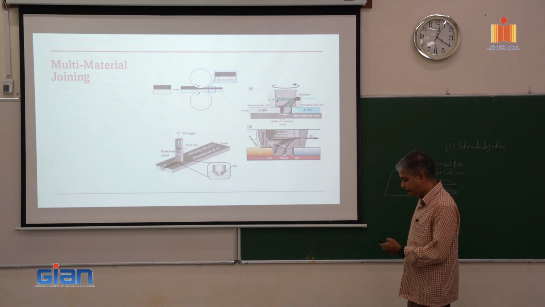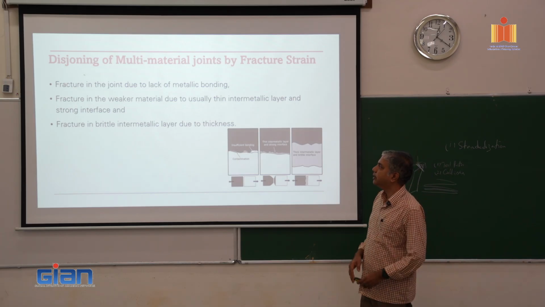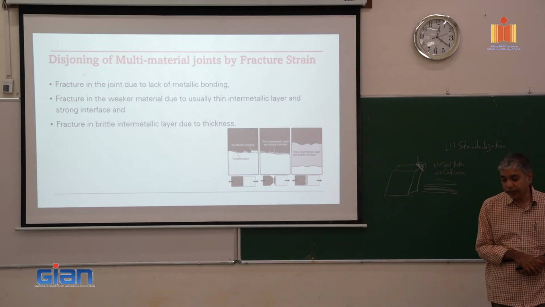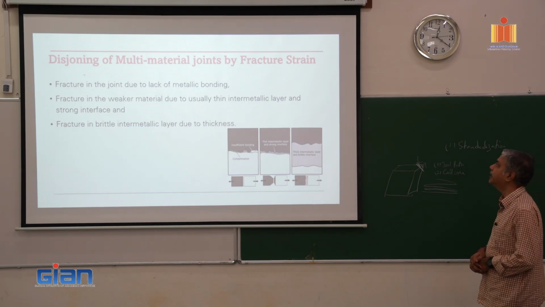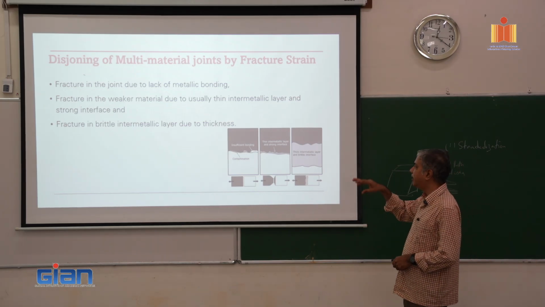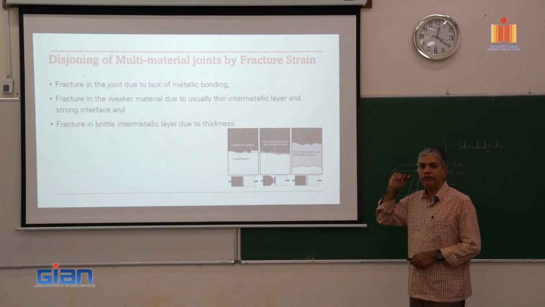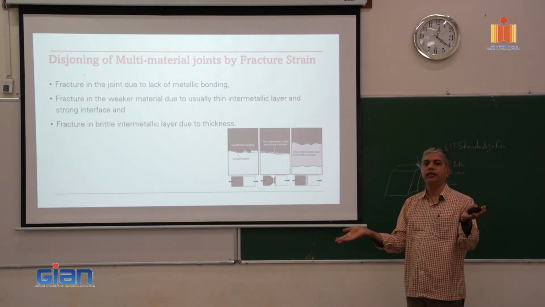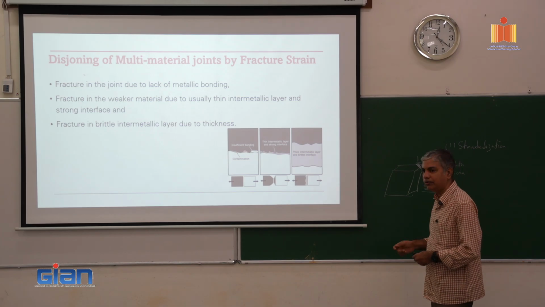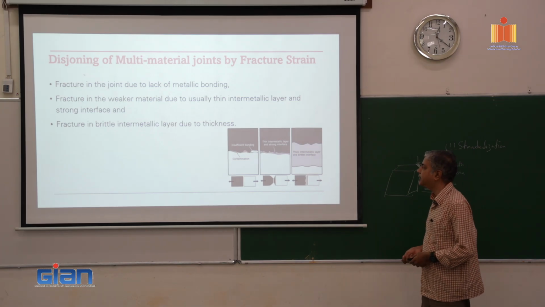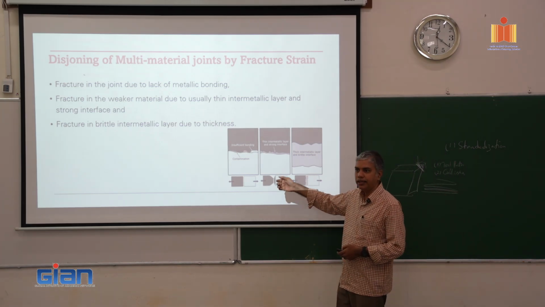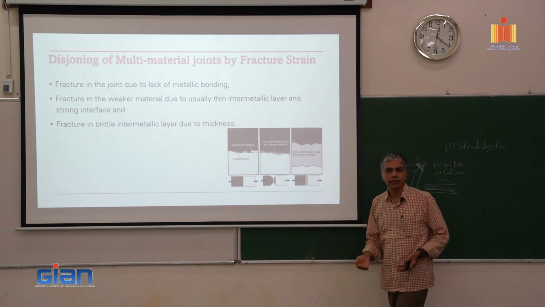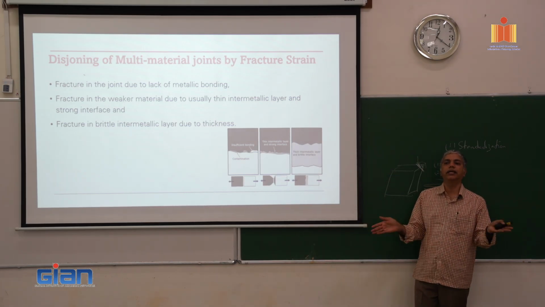So if you look at how you can think of disjoining multiple materials, typically what people have done is looked at the fracture strain mechanism to break the component. What they do is typically introduce the fracture strain at the multi-material intermetallic interface, and then help segregate the components.